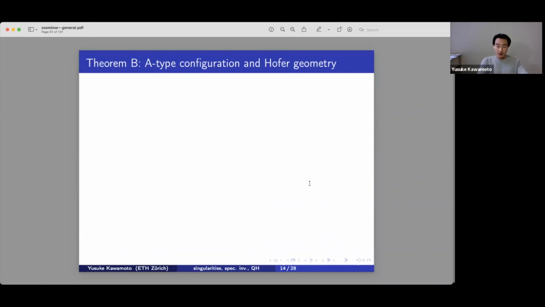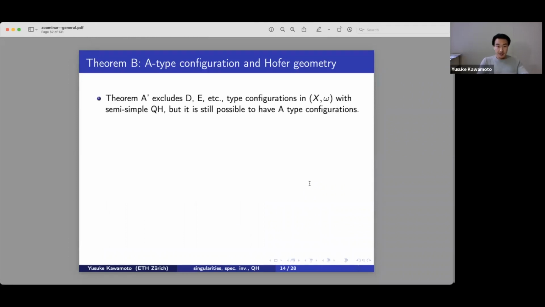Okay, so when you have a semi-simple quantum cohomology, you cannot have D-E type singularity. You cannot have most of the singularities, but you can still have A-type singularities or A-type configurations. This is still allowed, and this actually happens. You can find them, for example, in del Pezzo surfaces.